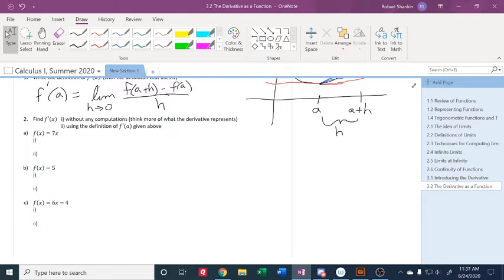Think of more of what the derivative represents. So without doing a single computation, you should be able to come up with f prime of x is equal to, and give something there. And then, using the definition, f prime of a given above. Alright, so let me give you a minute to do 2a.